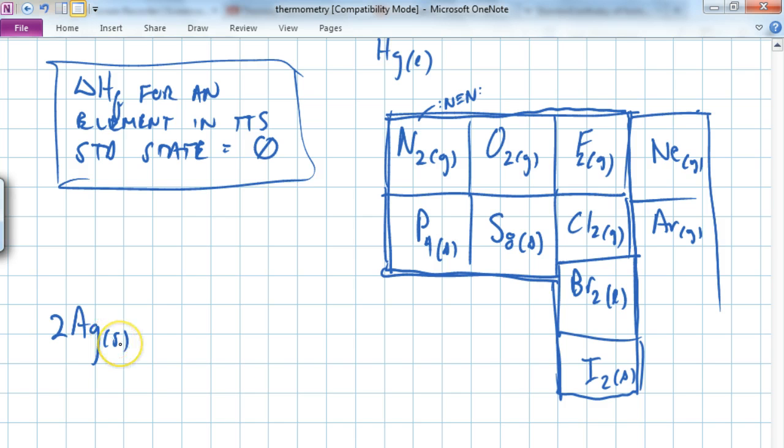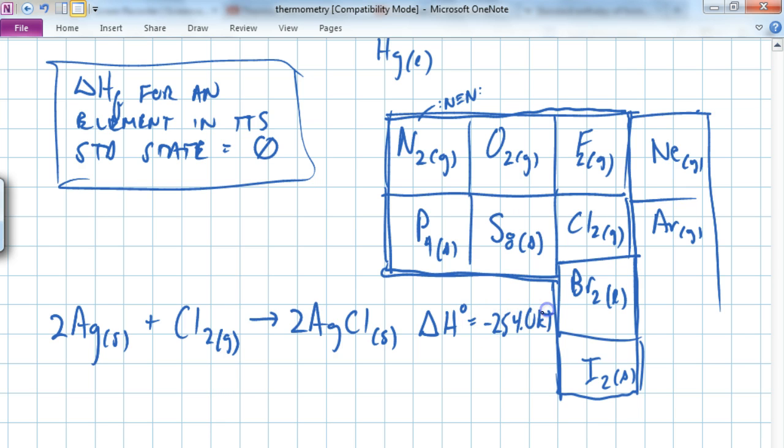Let's say we take 2 moles of silver, combine it with chlorine gas, and get silver chloride. And let's say that delta H for that reaction under standard conditions, that's what the little naught means, is negative 254.0 kilojoules.